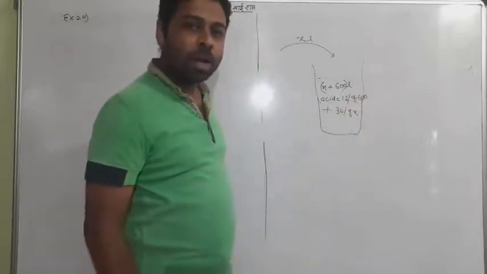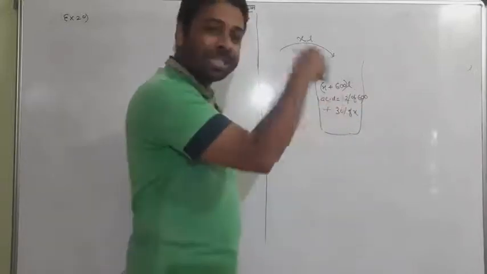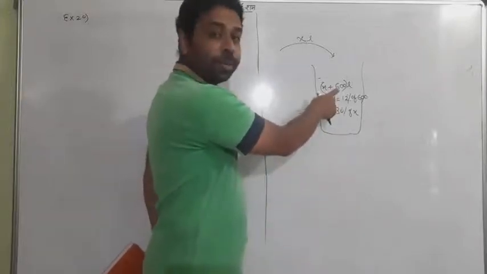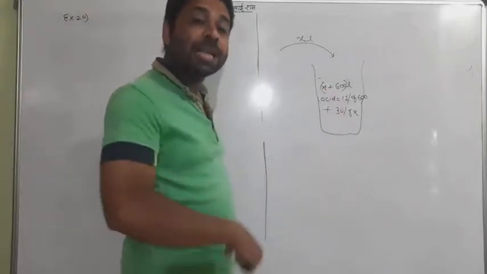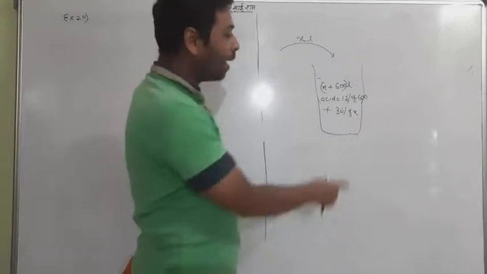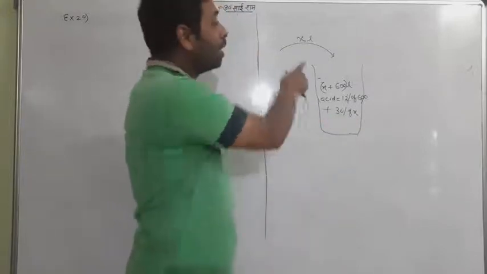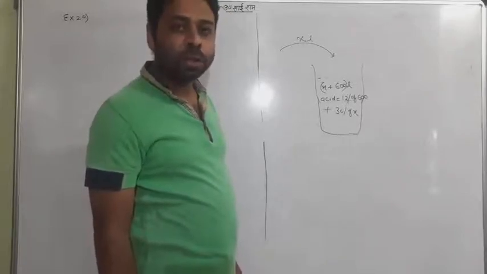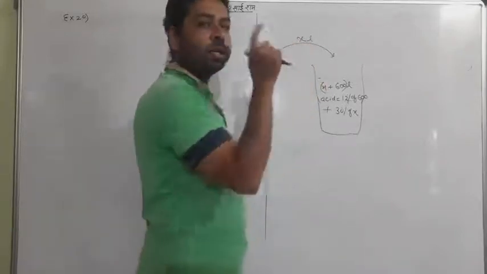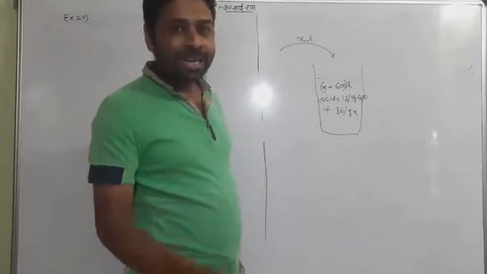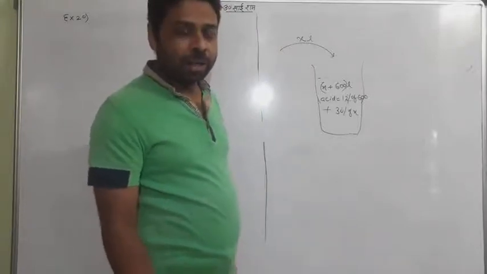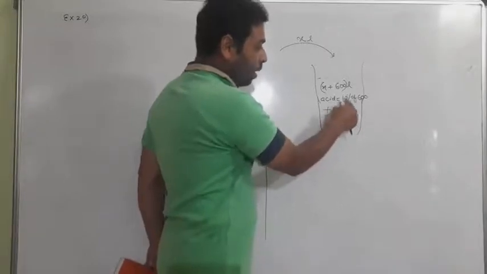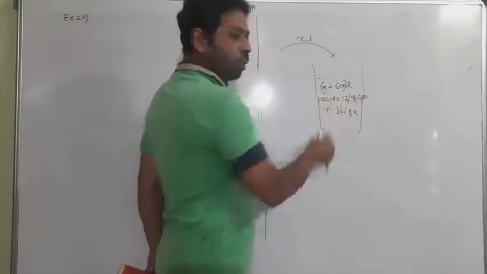When X liters of solution is added, the solution increases to X plus 600, and the acid content also increases by 30% of X, because this was not an ordinary solution. It also contains 30% of X as acid content. That's why the acid will change by this, and the solution will change by this.